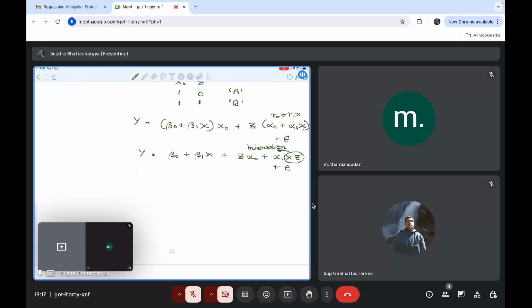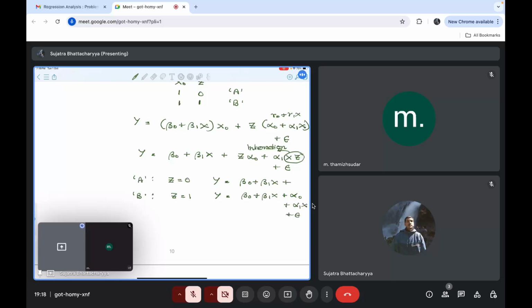Now, for set A, therefore, the model becomes, that is for z is equal to 0, y will be beta naught plus beta 1 x, z is 0. Therefore, nothing. Correct? And for B, z is equal to 1. That is y is equal to beta naught plus beta 1 x plus alpha naught plus alpha 1 x plus epsilon.